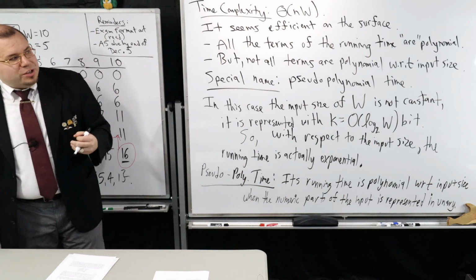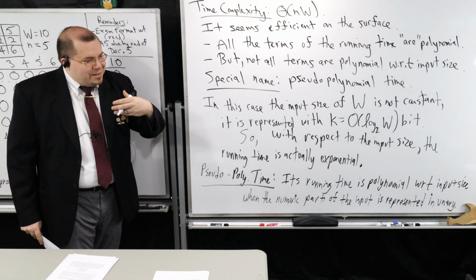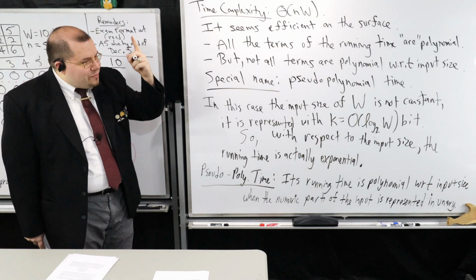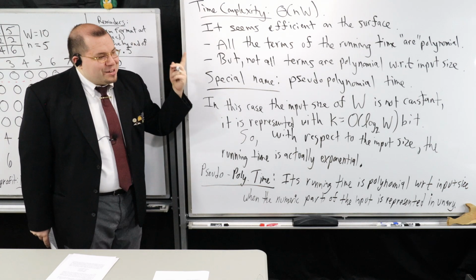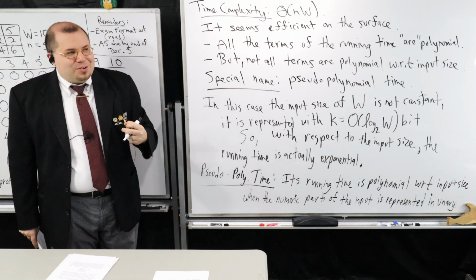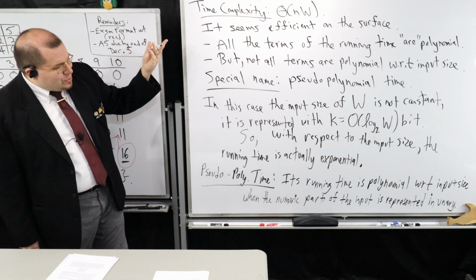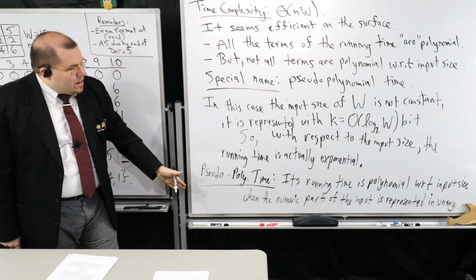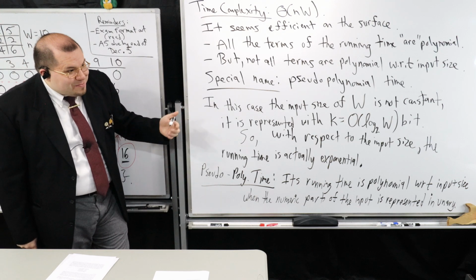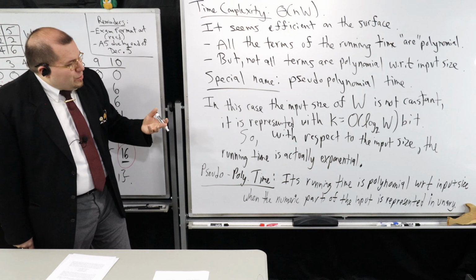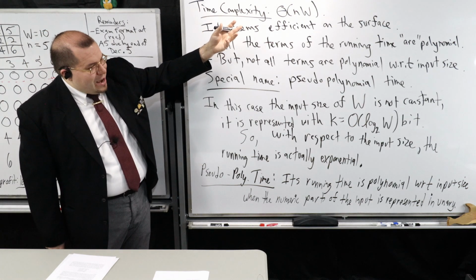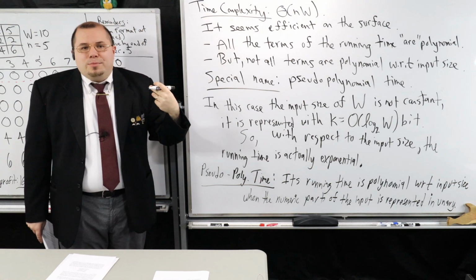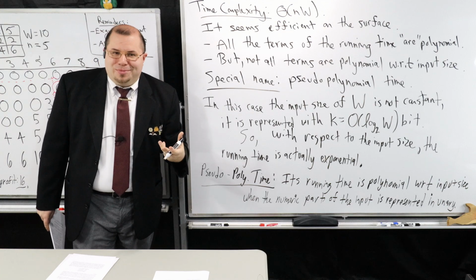Now, if you're not familiar with unary, you know what binary is, a system represented with zeros and ones. Unary is just where you have ticks, like a bunch of ticks of ones. So if you were to say the input for these numbers is encoded as just ticks, and I say it's a polynomial, notice that this W is okay now, because it represents literally a number of ticks that I'm encoding for my input instead of the numbers.